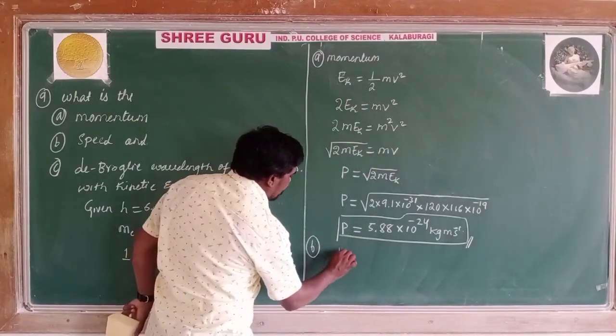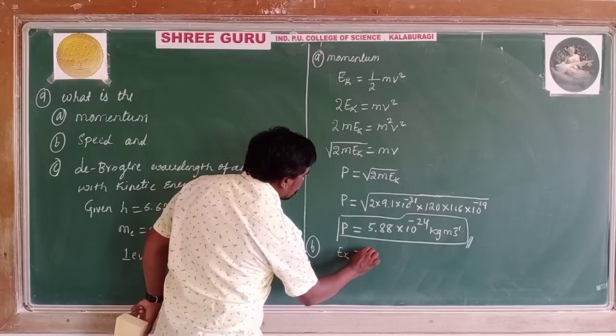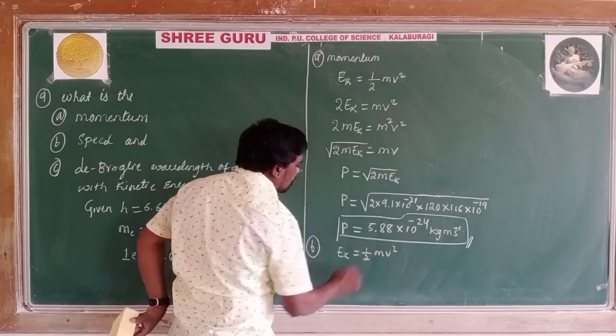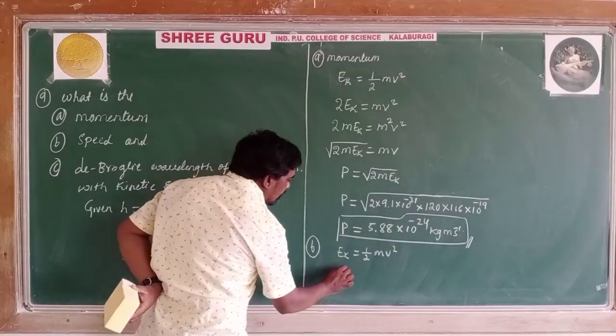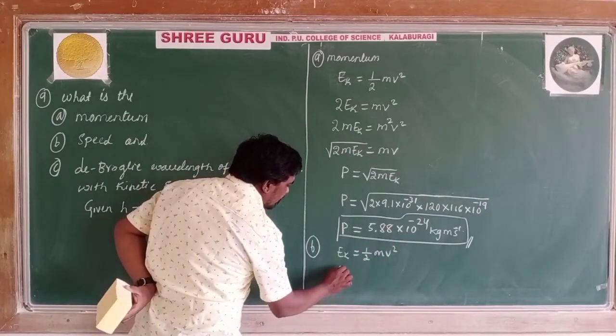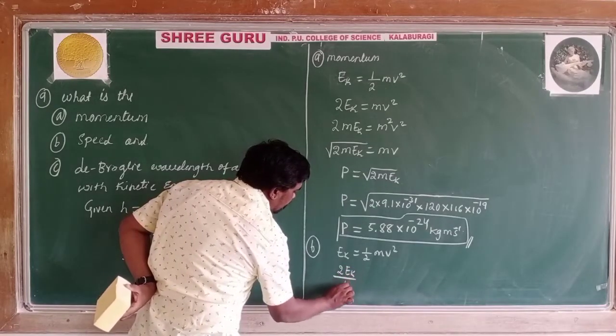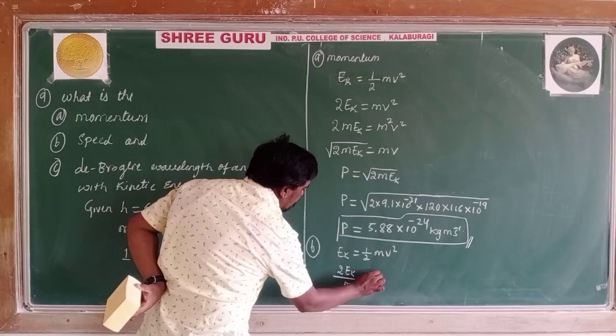If I am converting only velocity, I am taking mass to this side. EK becomes half mv square. I am keeping v square on that side only. Taking the half to this side, 2EK by m is equal to v square.